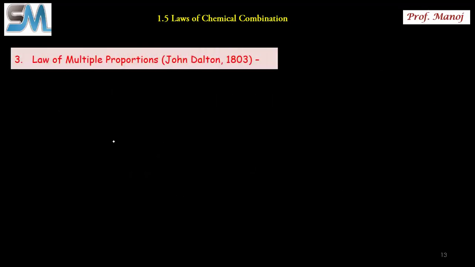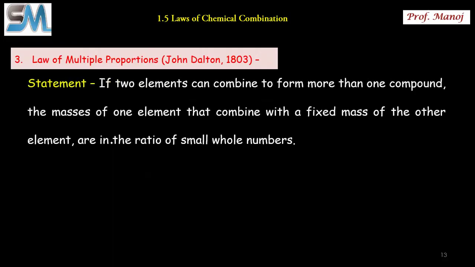After finishing the first two laws, let us go to a third one proposed by a very famous scientist, Dalton, known as the law of multiple proportion. This particular law needs a little wider thinking. Let us understand the statement, then as usual, we will take examples.